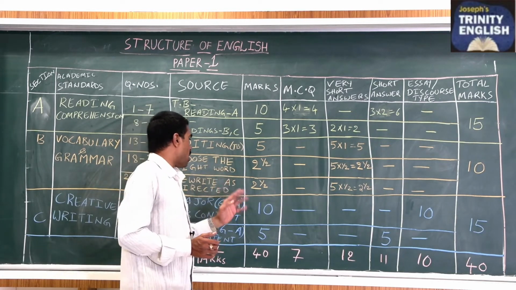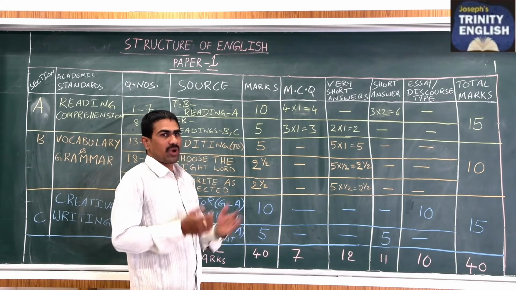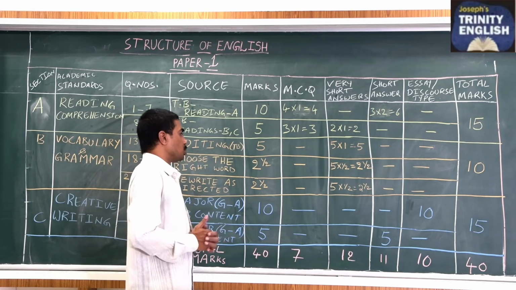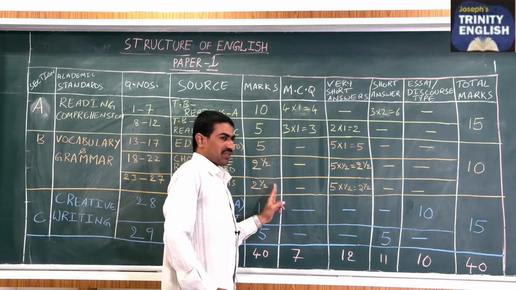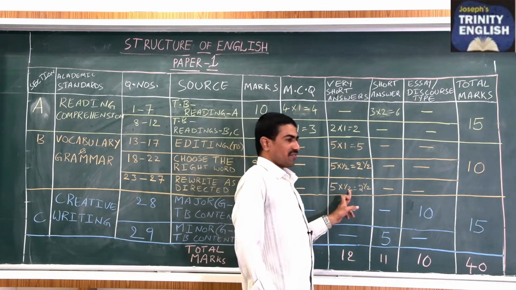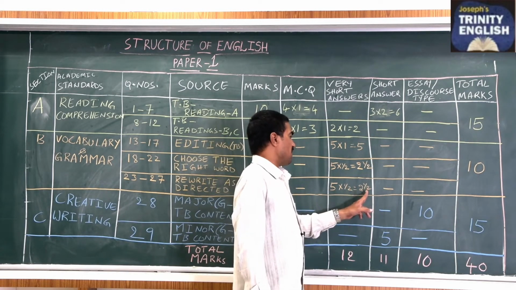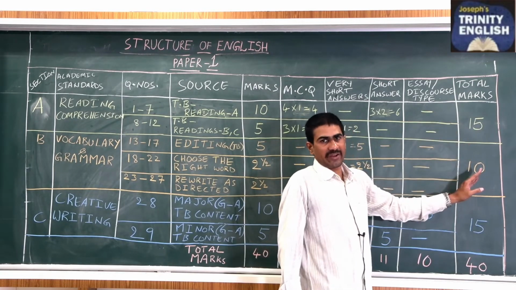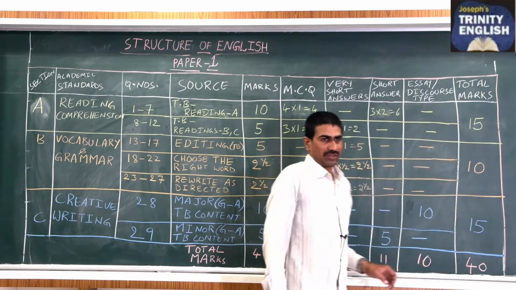So these all come under rewrite as directed. Whatever they ask in the question, we are supposed to write it. There are 5 questions which have 2.5 marks. 5 into half, each question carries half mark, and we have 2.5 marks. And all together for this vocabulary and grammar we have 10 marks.